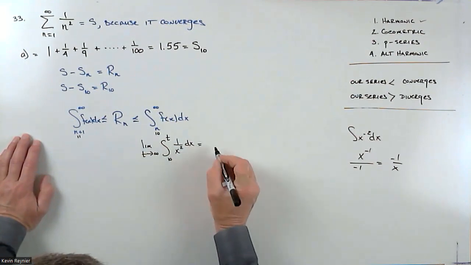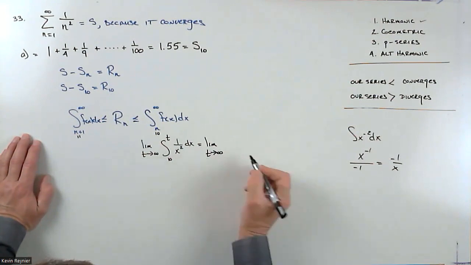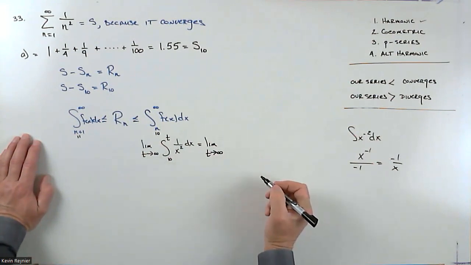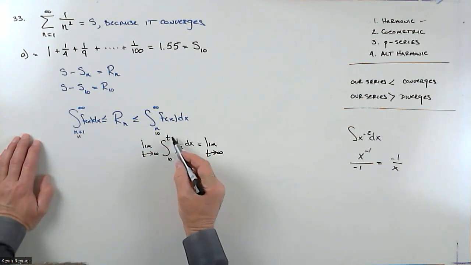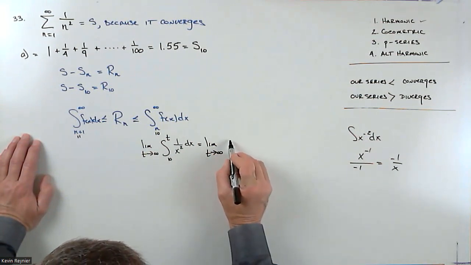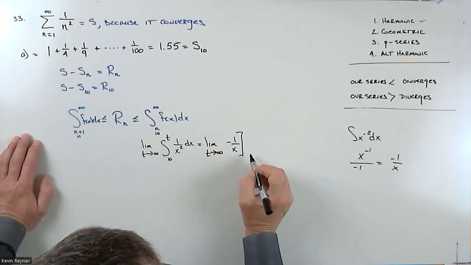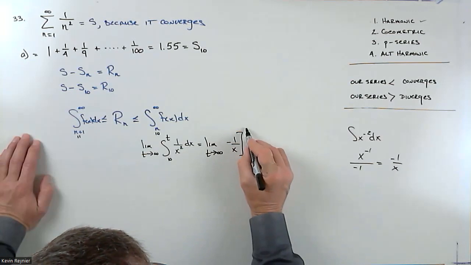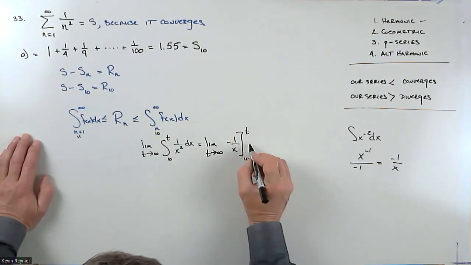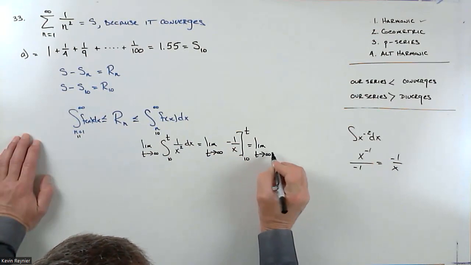So this equals the limit as t goes to infinity, right? We integrated this. We got minus 1 over x evaluated between 10 and t. So we plug them in. We get the limit as t goes to infinity.